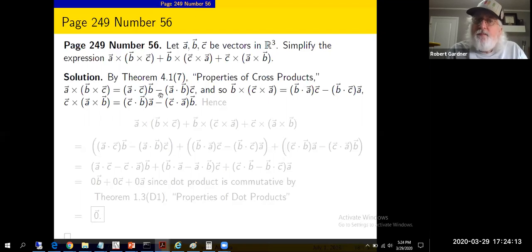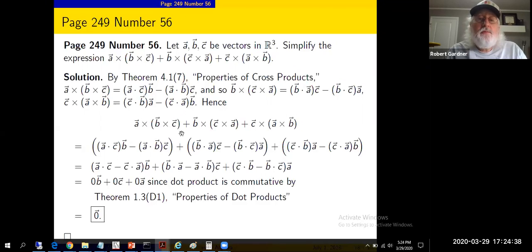Be careful. I'm interchanging the roles of A, B, and C to be played by the characters B, C, and A respectively in this one, and then C, A, and B respectively in the third vector. So that produces these two additional equations here.